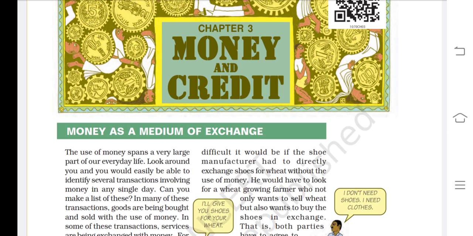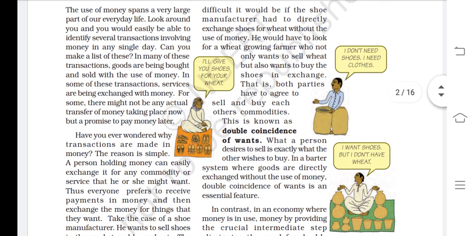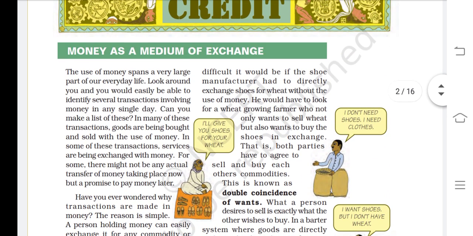Now it acts as an intermediate in the exchange process. It is an intermediate between the promises, meaning the exchange system. If you want to buy something, you will give money to him and buy the thing. So money acts as an intermediary between you and the seller, right? It is called a medium of exchange.